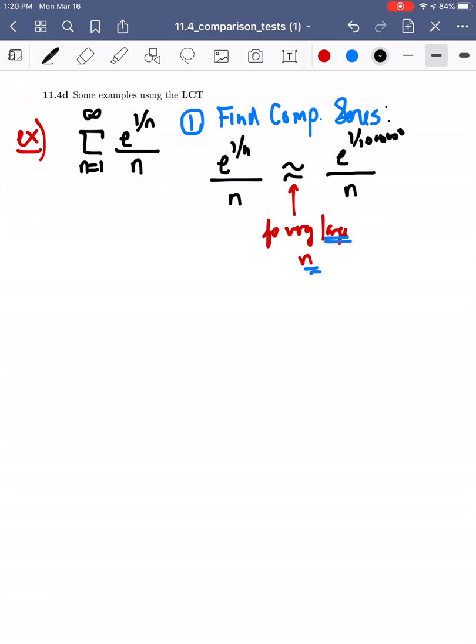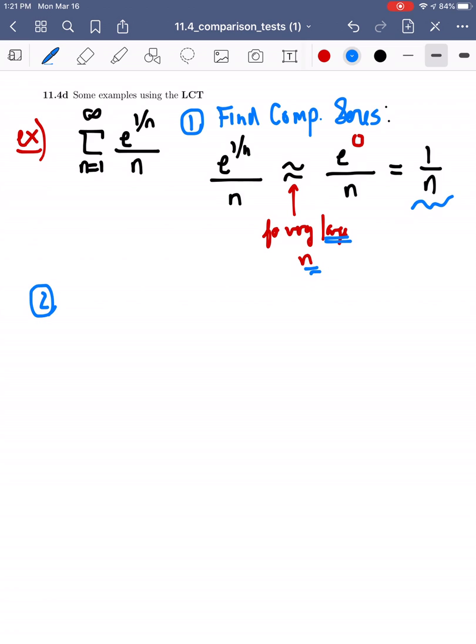In other words, it actually looks like we have something like e to the 0 sitting there in the numerator. Since n is going to infinity, that 1 over n in the exponent is going towards 0. So in the numerator, the largest contribution actually looks like 1. In the denominator, that's going to be our n. So this 1 over n will be the series function for the comparison series.